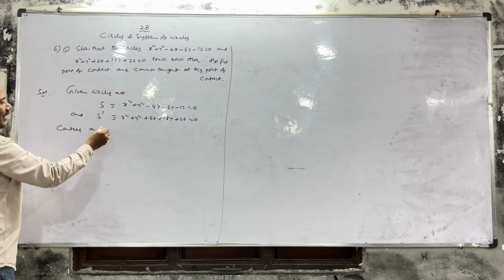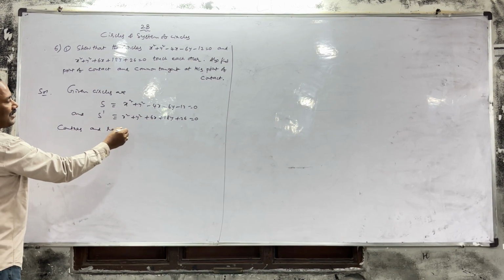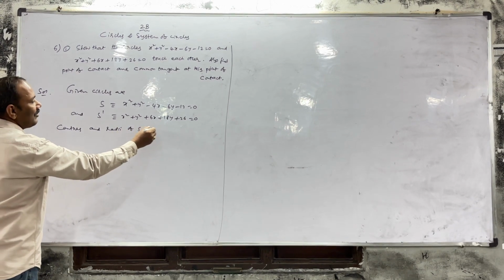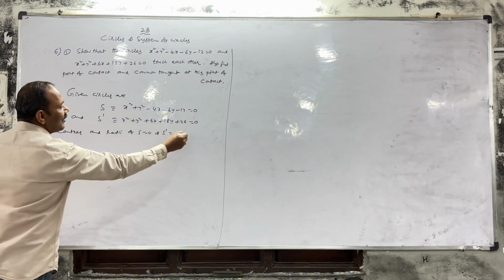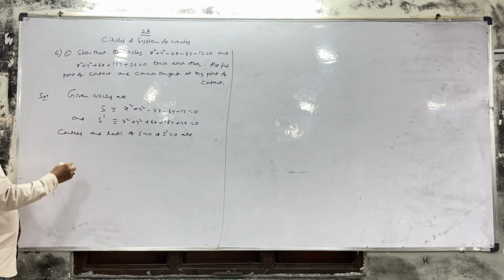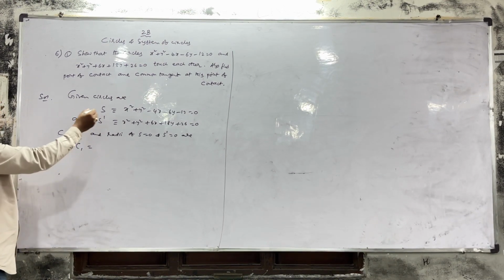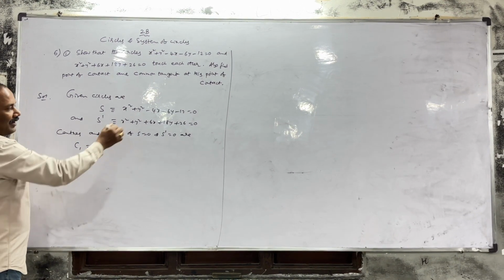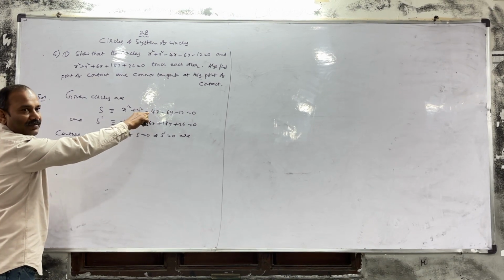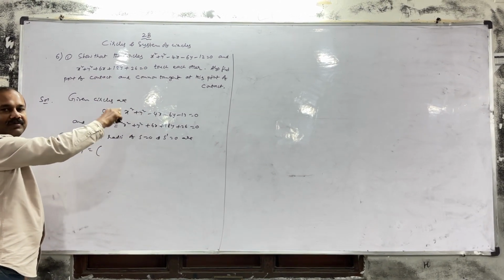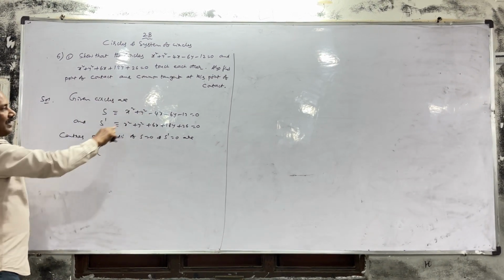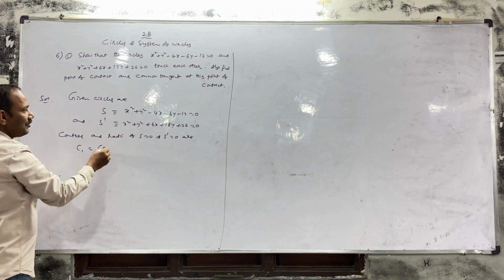For the first circle, the centers and radii of S equal to 0 and S dash equal to 0. First circle center C1: x coefficient is minus 4, divide by minus 2, we get 2.